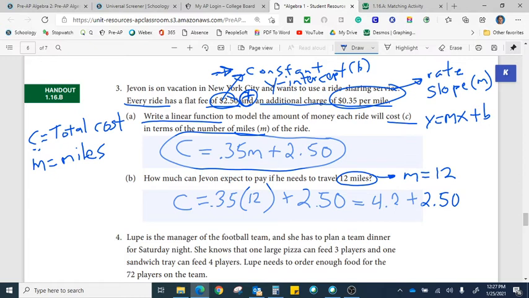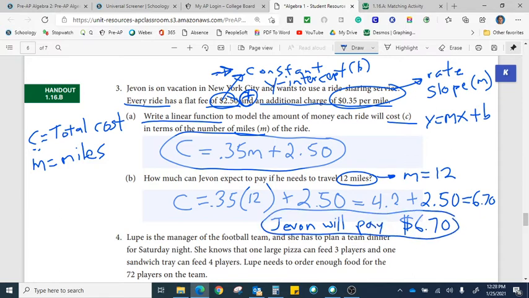That's going to give me $6.70. So total cost is going to be $6.70. How much can Javon expect to pay if he needs to travel 12 miles? Javon will pay $6.70. Okay.